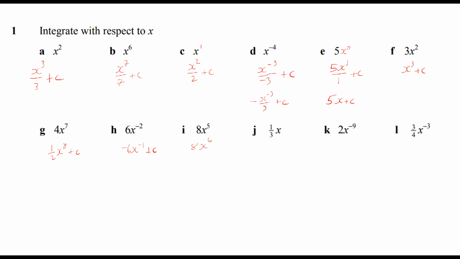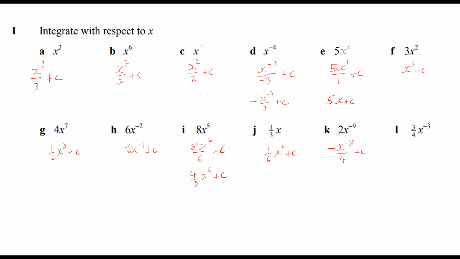8x to the 6 over 6 plus c, which will simplify to 4/3 x to the 6 plus c. We should have 1/6 x squared plus c. Then x to the minus 8 over 4. Oh, sorry, minus x to the minus 8 over 4 plus c.